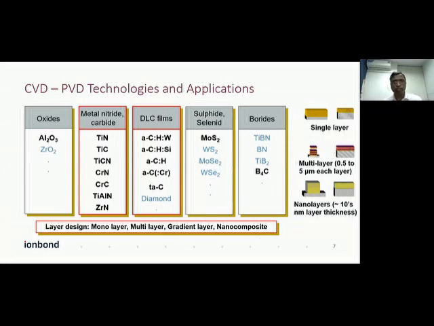Another segment is where we see problems with respect to surface friction, where we need low coefficient of friction coatings. The diamond-like coatings fall under that category.